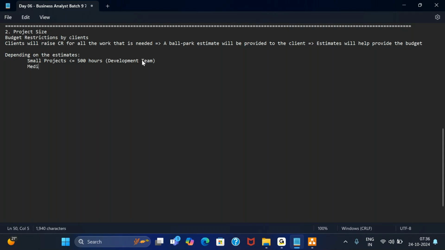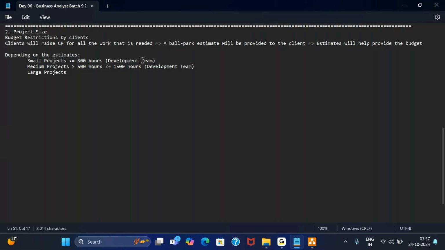Then we can have medium scale projects. These are typically projects that are greater than 500 hours, but will take less than or equal to 1500 hours. Again, these estimates are for the entire team and not just a particular person alone. Then we have large scale projects.